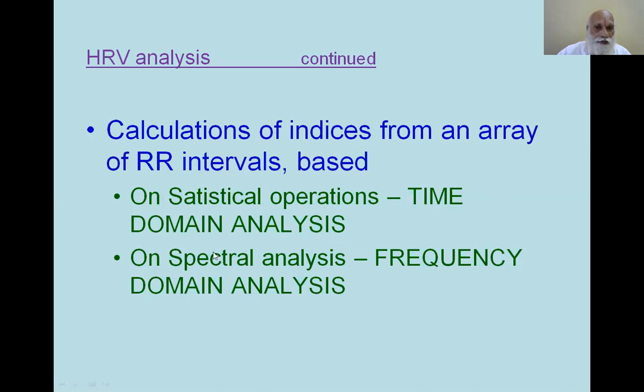But when you come to the spectral analysis, or frequency domain, or the frequency related activity, then generally you need software. Well, this is quite complicated. It uses fast Fourier analysis, or fast Fourier transform.